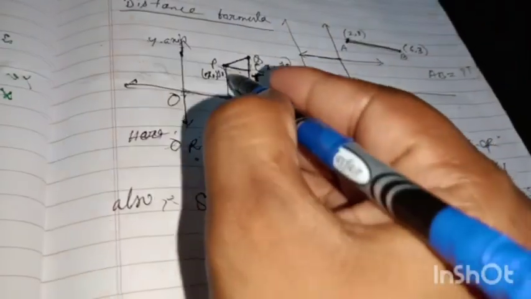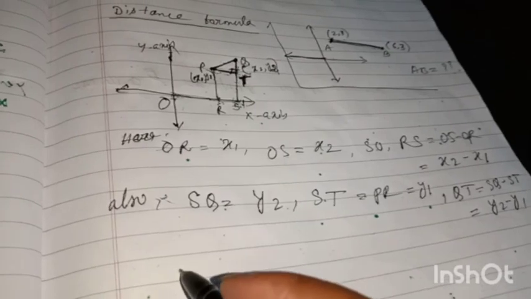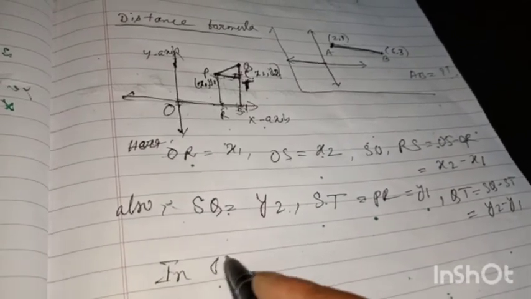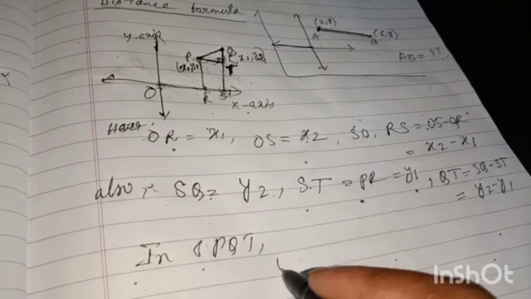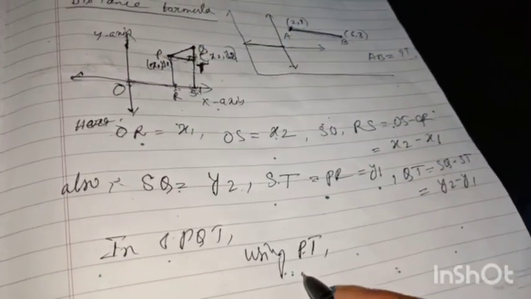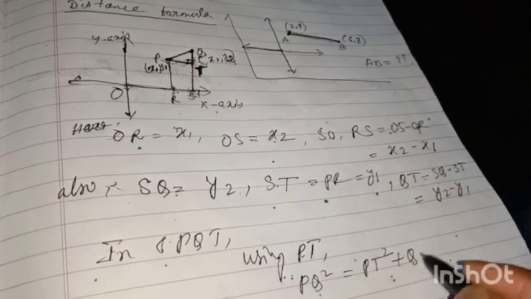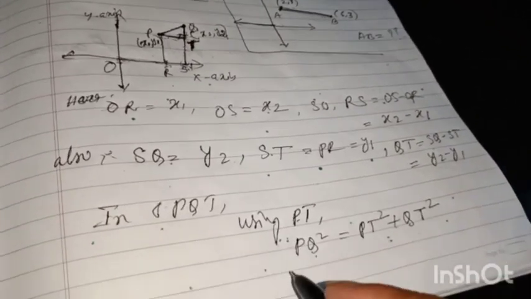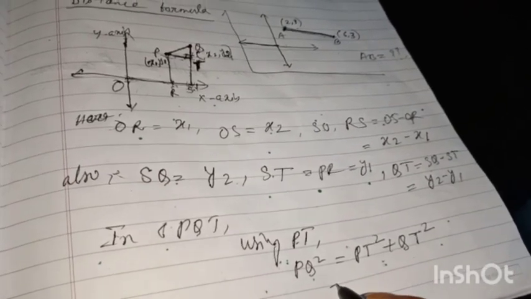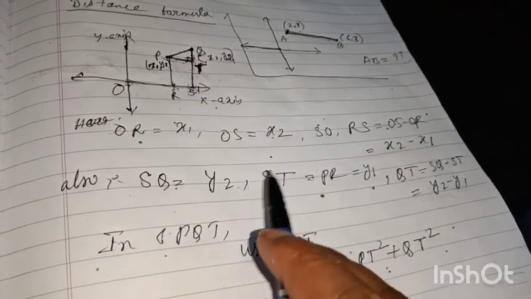Now if this is a perpendicular, then this is how much? 90 degrees. So now use Pythagoras theorem in triangle PQT. Here the hypotenuse is PQ. So PQ square equals PT square plus QT square. Clear? Then what is PT? What is RS? I already told you this is a rectangle.